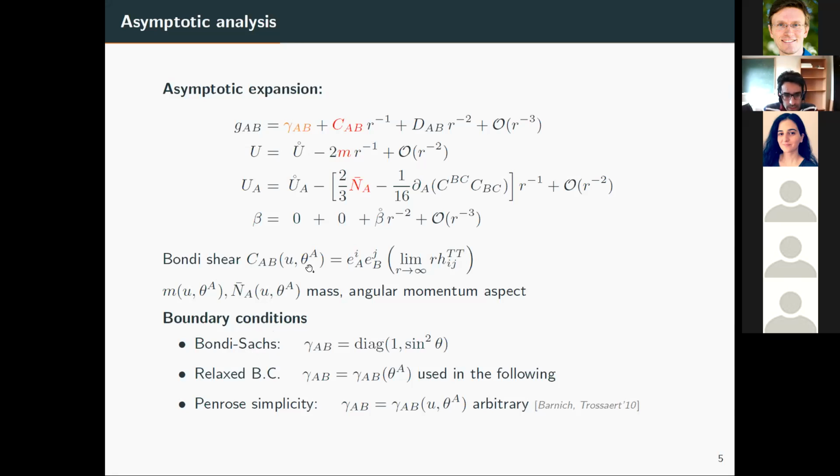But one can actually relax this condition, and this was mentioned in Barnich and Troessaert. So if you define asymptotically flat spacetime in the sense of Penrose simplicity conditions, you can allow for an arbitrary metric on the sphere, and it can even have u dependence. For the purpose of this talk, I will drop this u dependence, but otherwise consider this gamma_AB as a general metric.